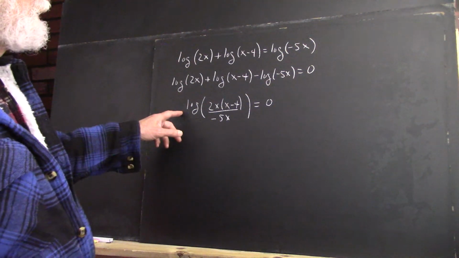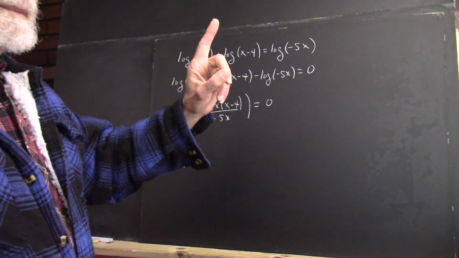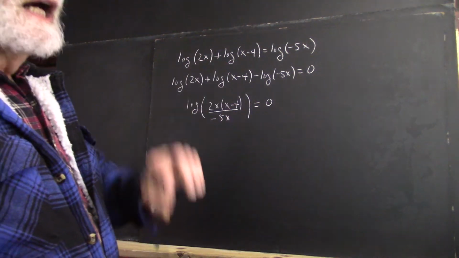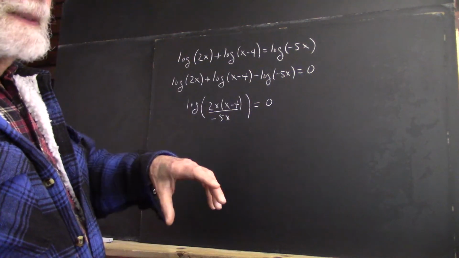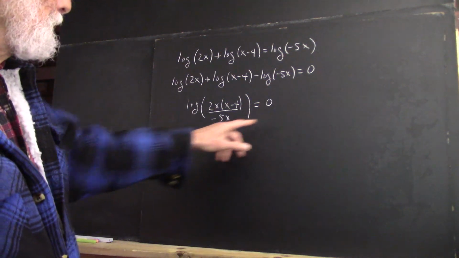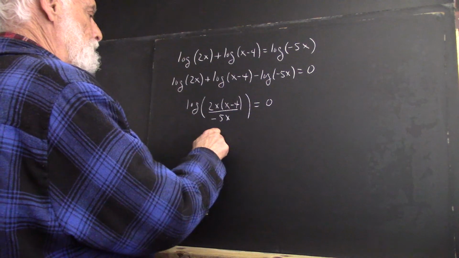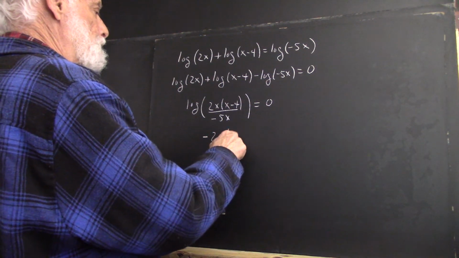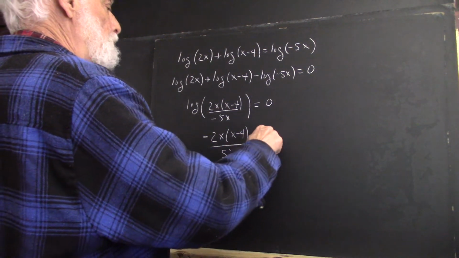Well, any expression whose log equals 0, that expression has to be 1, because the 0 power of any base is 1. So this tells us that negative 2x times x minus 4 over 5x equals 1.